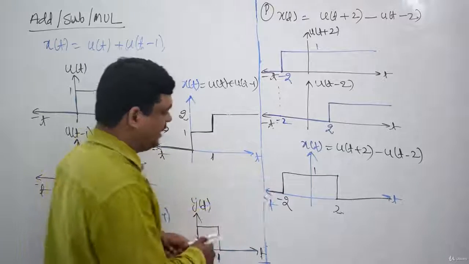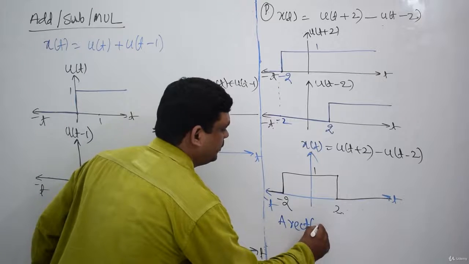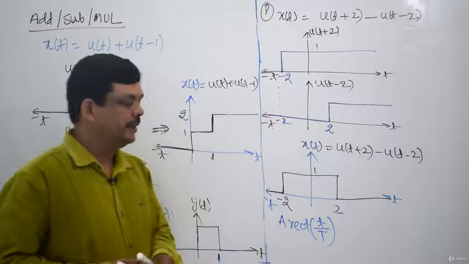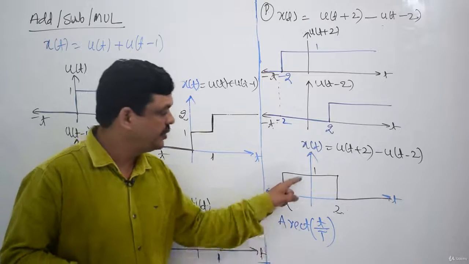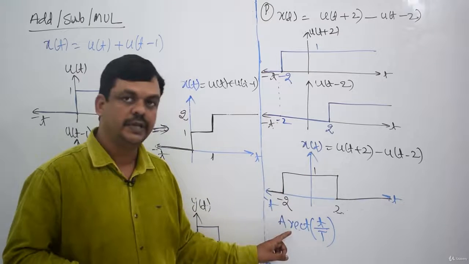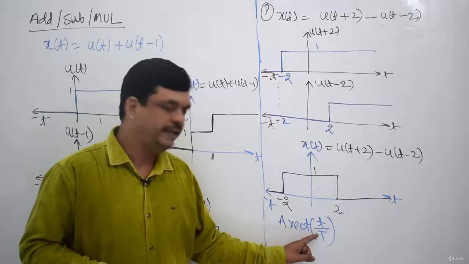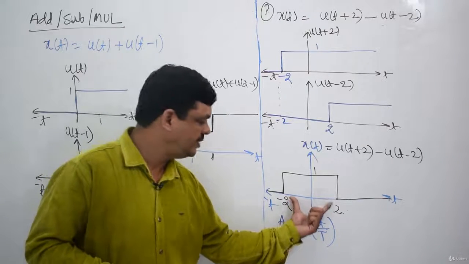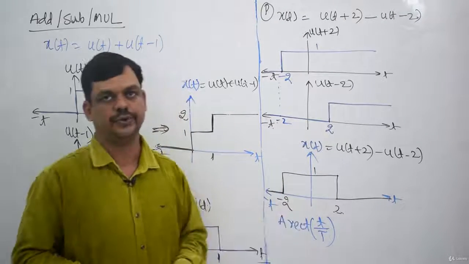The gate signal standard equation is A rect of t by capital T. A explains the maximum amplitude, so here the maximum amplitude is 1. Capital T explains the total time period. The time period of this function is defined from minus 2 to plus 2, so the total time period is 4.